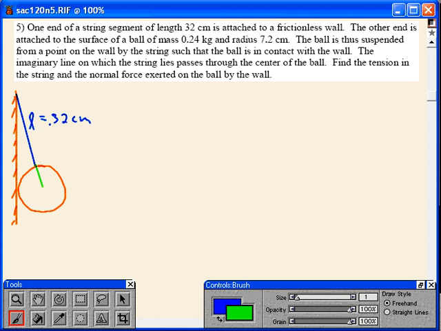Here in green, we've got the radius of the ball, and that's given as 0.072 meters. And it was meters up here as well, actually given as 32 centimeters, which is 0.32 meters.